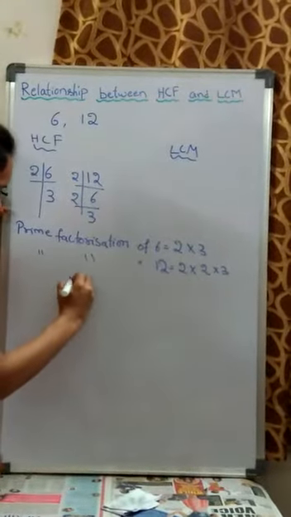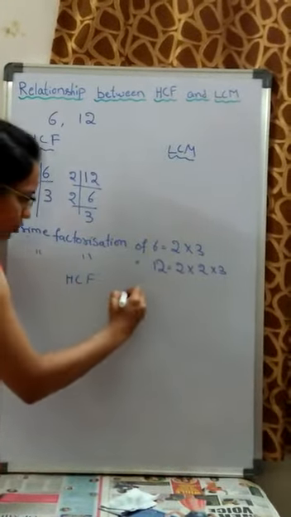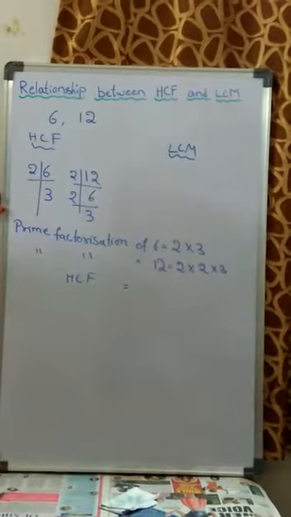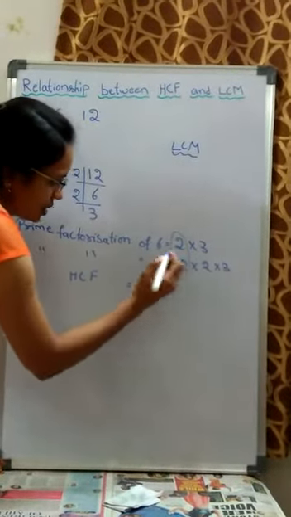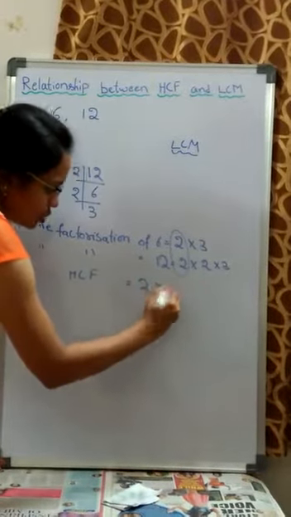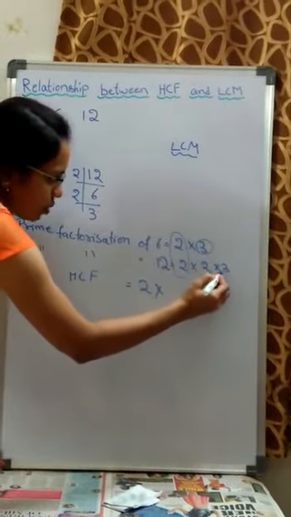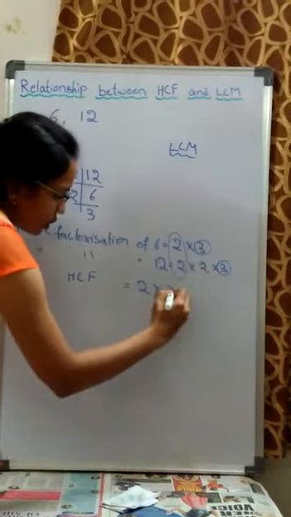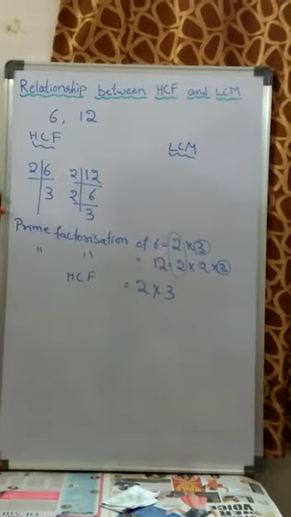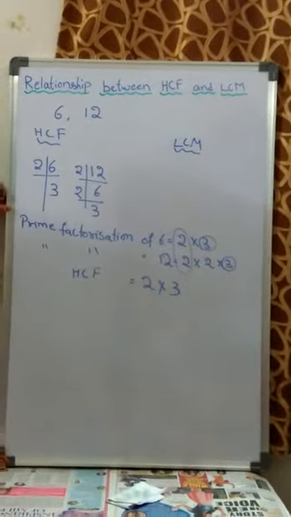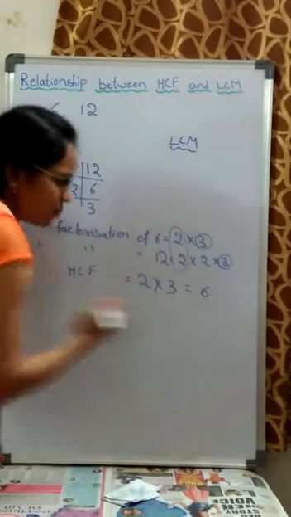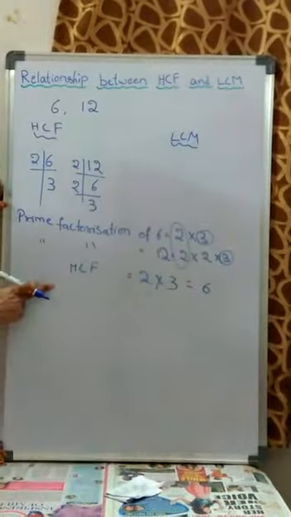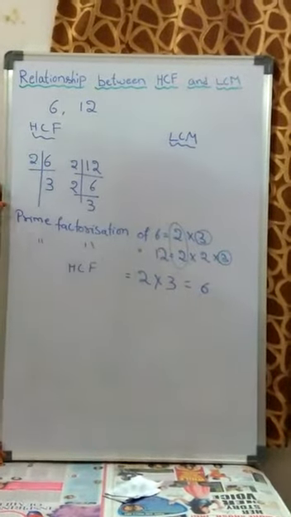Now in order to find the HCF, we have to take the common terms. The term that is common here is 2, and another term in common is 3, so 2 into 3. In order to find the HCF, we take the common terms once, which is nothing but 2 threes are 6. So 6 is going to be the HCF of these two numbers.